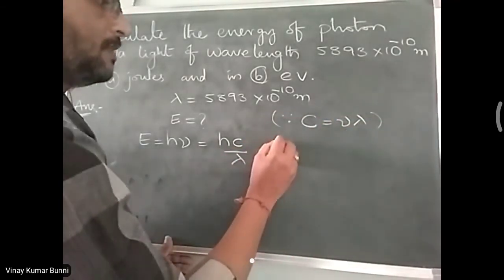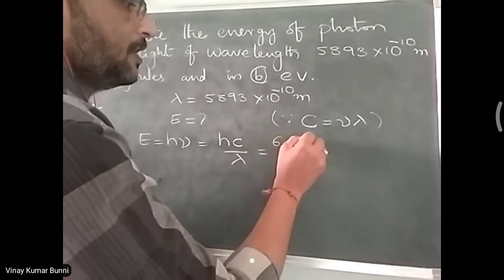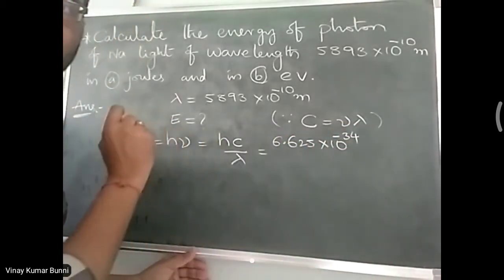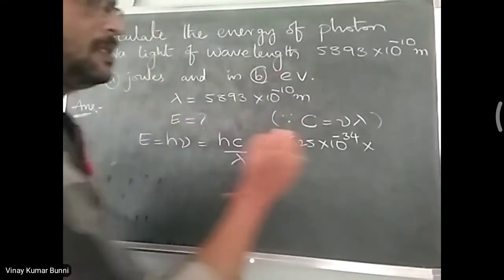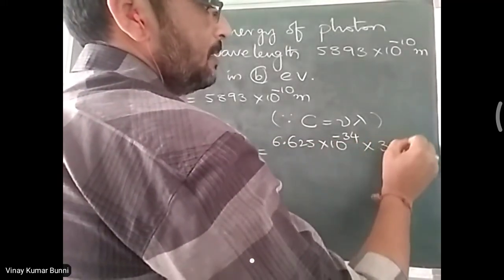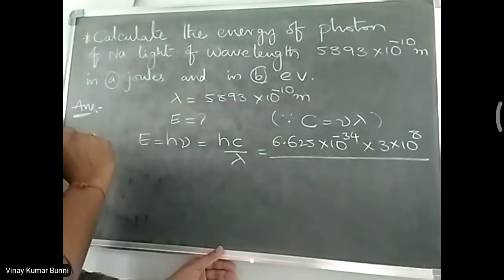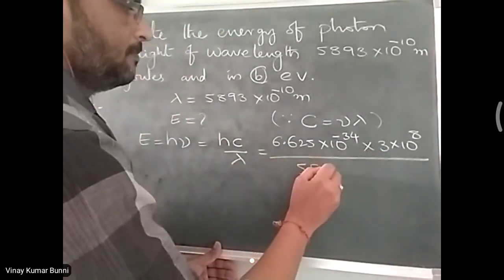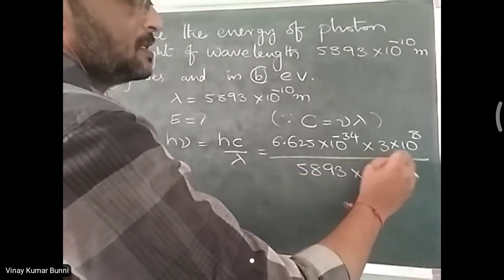That h value is, we know, 6.625 into 10 power minus 34 joule second, and c is the light velocity, that is 3 into 10 power 8 meter per second, and the lambda value is given in the problem as 5893 into 10 power minus 10 meters.